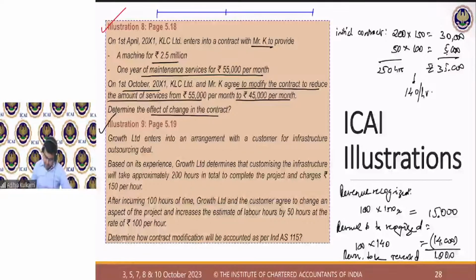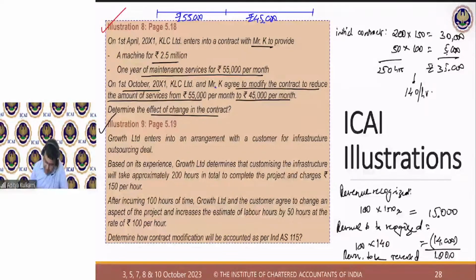First 6 months, you are providing at 55,000. Correct? Next 6 months, you have modified to make it 45,000. So is it a modification or not? Shruti, think about this. Is it not a modification? Because that's what they have said.